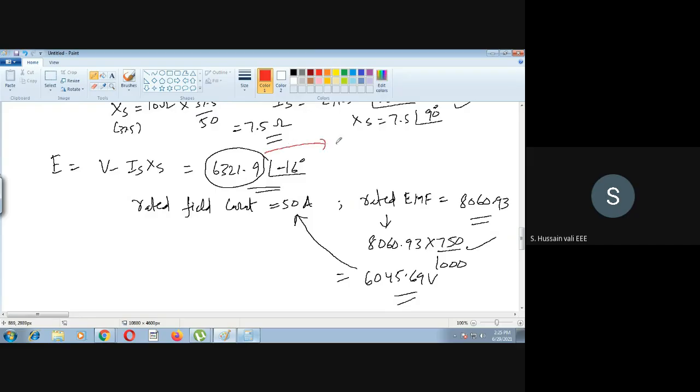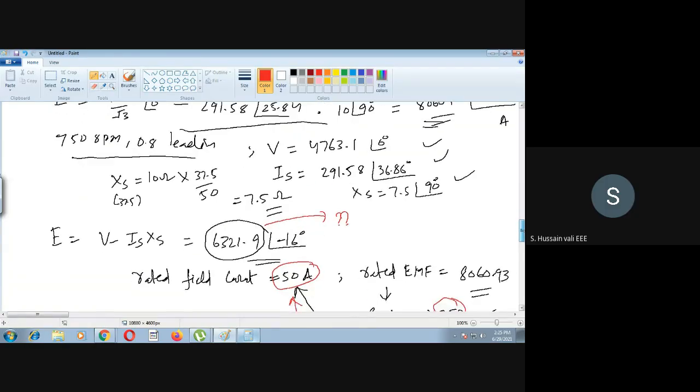He has given 50 ampere as the rated field current, so we will scale that rated field current to 750 rpm. Then we got this answer. So this is the EMF induced at this field current at 750 rpm, whereas the other is the EMF at 750 rpm and 0.8 power factor leading.